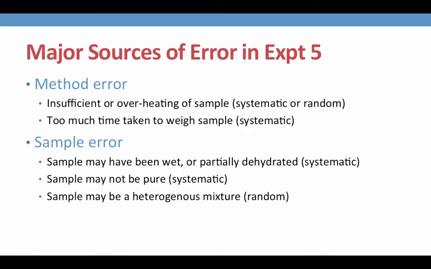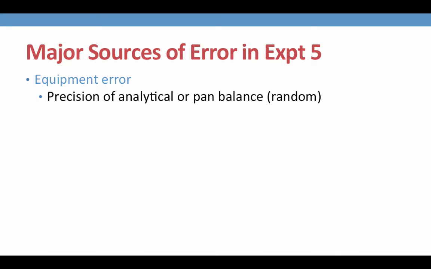Perhaps your sample is not a homogeneous mixture. Equipment error that comes from experiment 5 is going to be based on the balance that you use. Recall that it's best to use an analytical balance since we are looking at very small mass changes. Also, try to use the same analytical balance throughout the experiment to account for any variations from balance to balance.